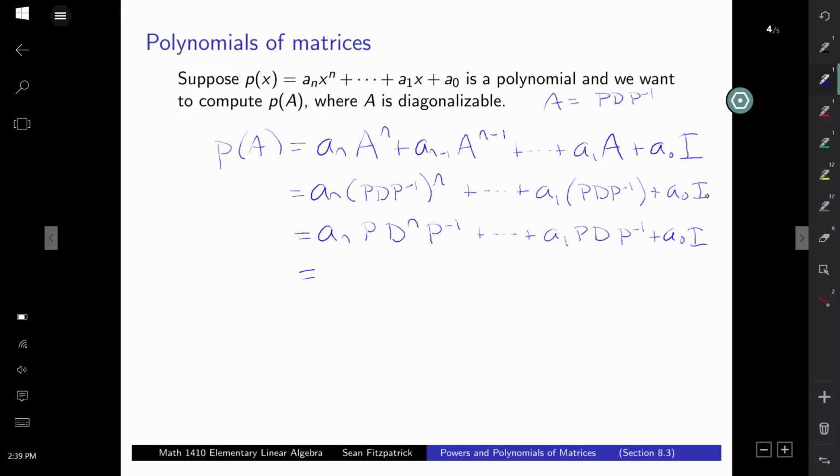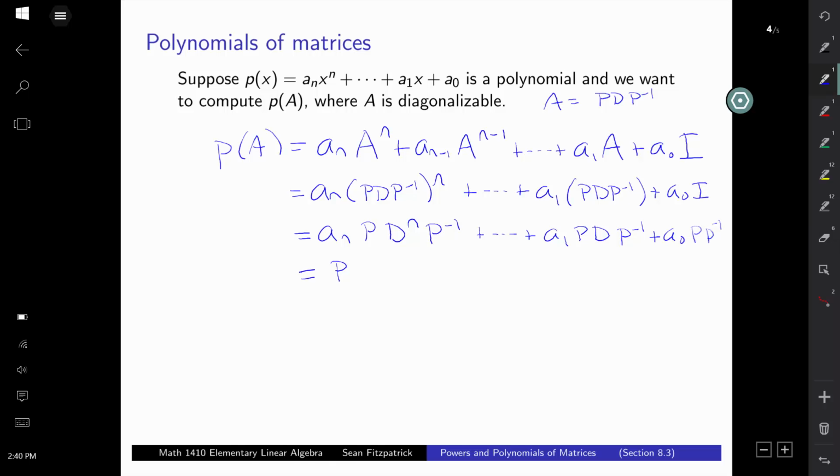And here's the trick. I can move the P past the scalar, I can bring the scalar inside on each one of these terms, right? And matrix multiplication is distributive, which means I can factor the P out on the left, I can factor the P inverse out on the right, and just to make things crystal clear, I can write the identity as P times P inverse.